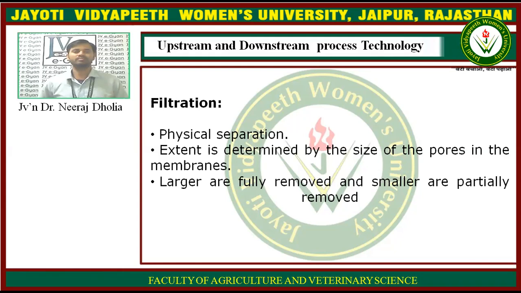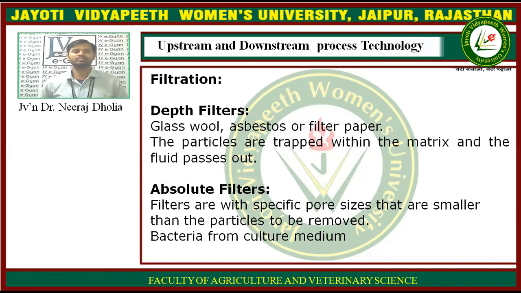For example, if there is a double membrane, the channels of the pores are interlocked by the other layer of the membrane, or they may be blocked by the formation of a filter cake. So the smaller particles may also be removed, but not fully, only partially. But definitely the larger molecules will be fully removed from the broth, media, water or culture media. There are various types of filtration processes and filters.